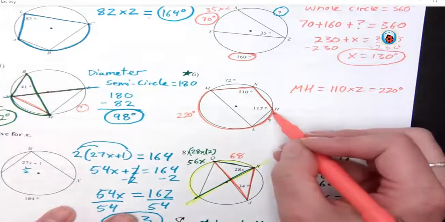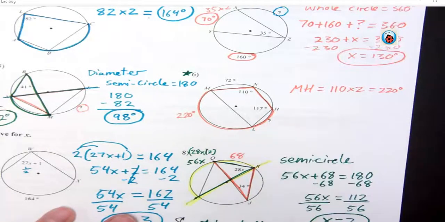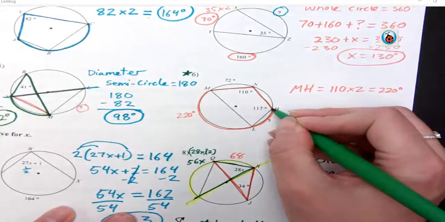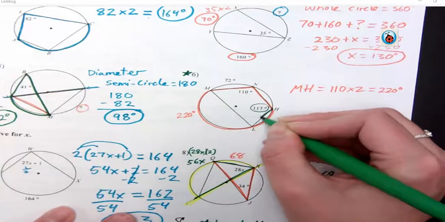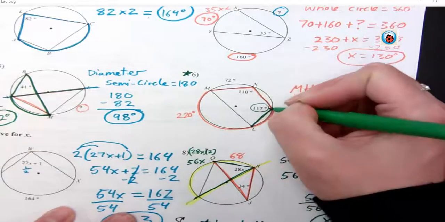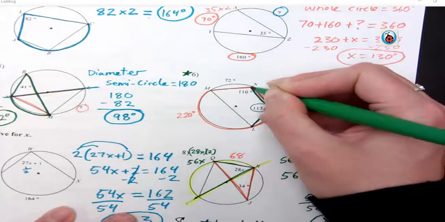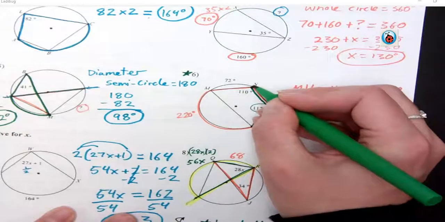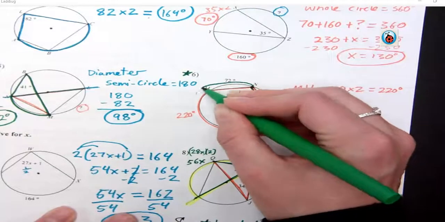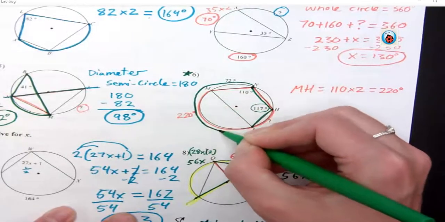Alright, and I'm trying to work my way around to this. I still don't see a way I can use that. So next I'm going to follow out my 117 angle. Goes out to L and N. And so that's going to go all the way around.